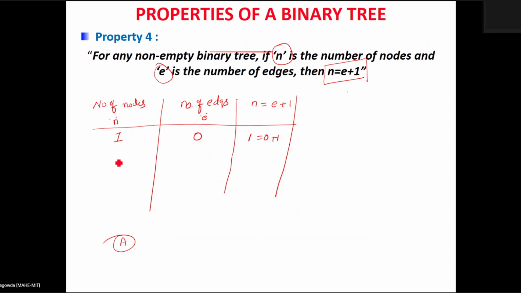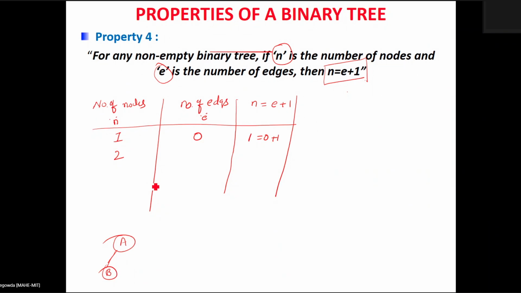Next, suppose the number of nodes n is equal to 2. Let us assume that in a given binary tree we have 2 nodes. 2 nodes means there is one parent and it may have one child. It may be a right child or it may be a left child. Let us assume that I have a node B here. So I have 2 nodes in the given binary tree. One is the root node, another is the left child.